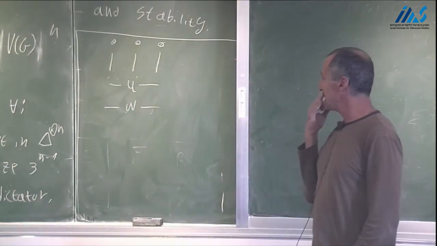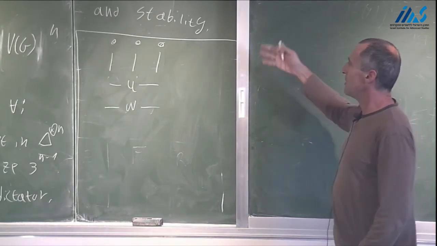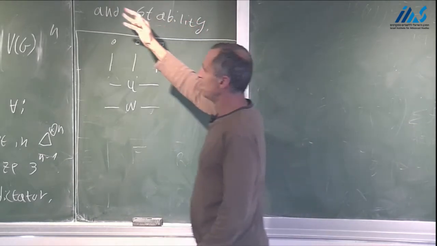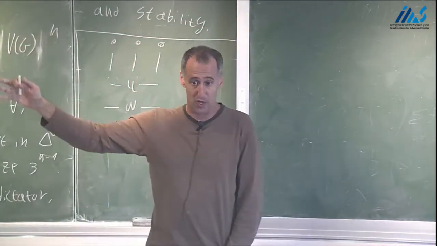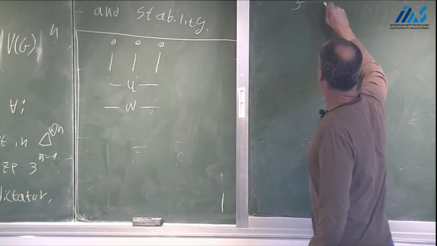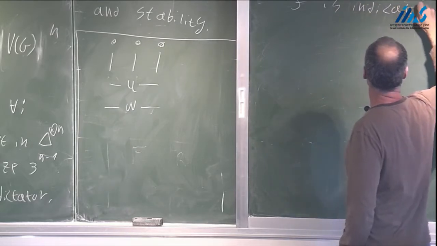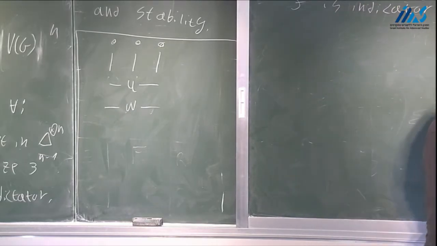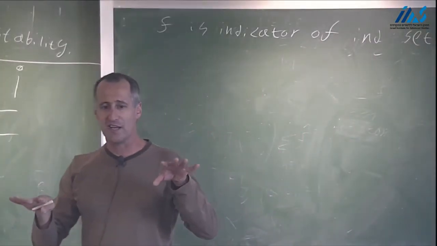So for now I have a basis, and now I'm trying to run this proof, trying to find the largest independent set in the base graph for n equals 1. So I say let f be the indicator of an independent set. And remember, for the intersecting family, I wanted to take x and y.